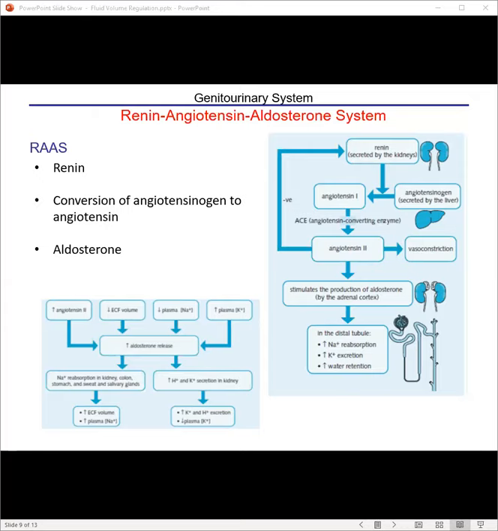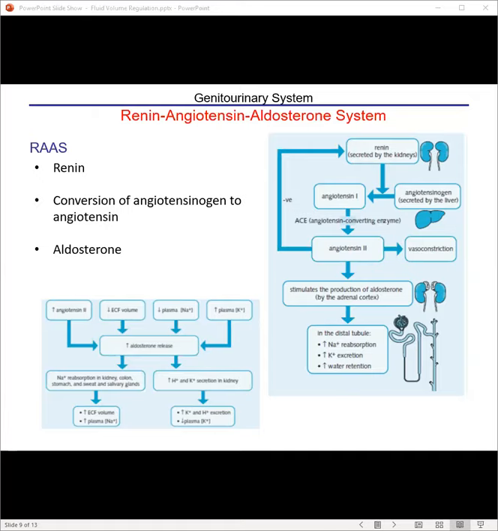These events, decreased plasma sodium and decreased ECF, will lead to sympathetic activation, due to the fall in ECF volume, which leads to a fall in blood pressure.